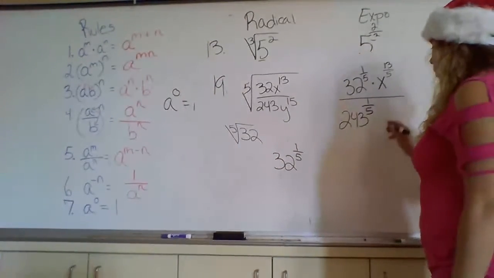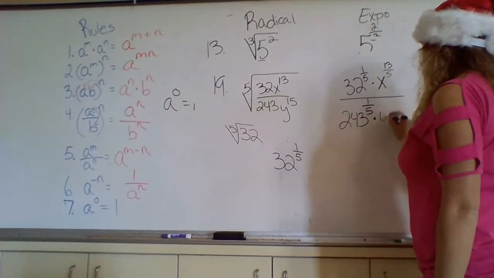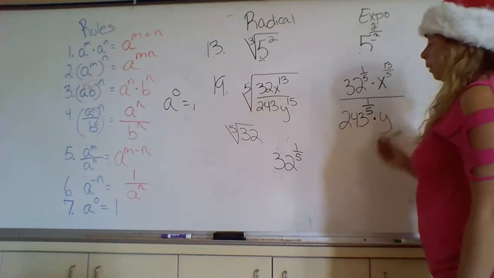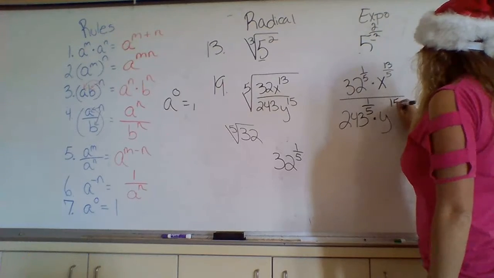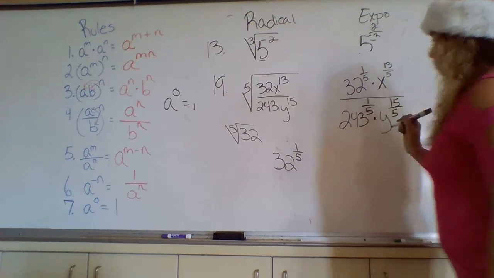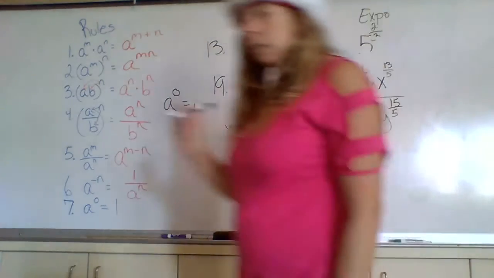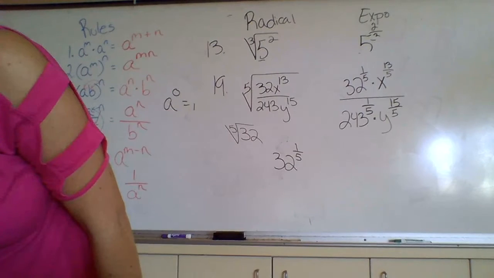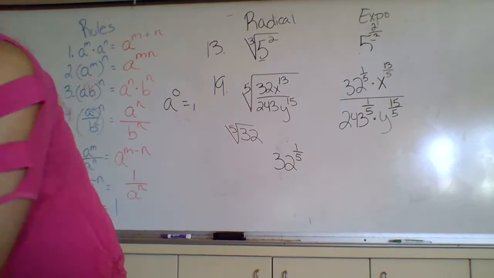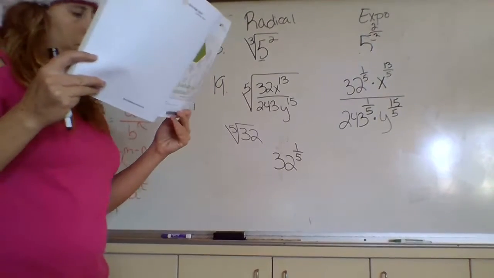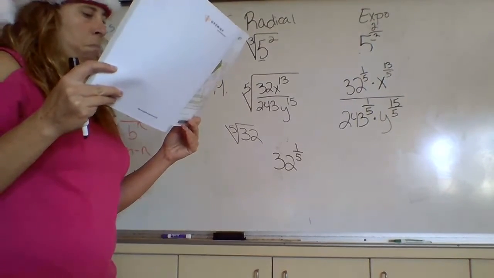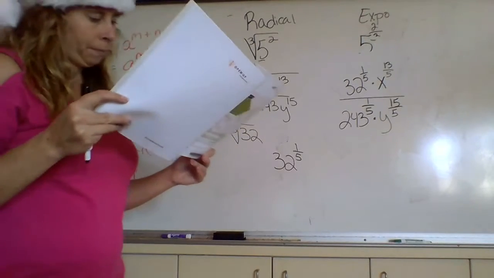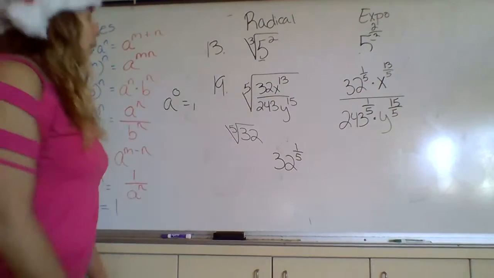And then finally you have y, and it's 15 over 5, so it's to the 15th power, and then we're taking the 5th root. Let me make sure that's how they leave it, because technically you could reduce that. Nope. So that's how you would leave number 19.